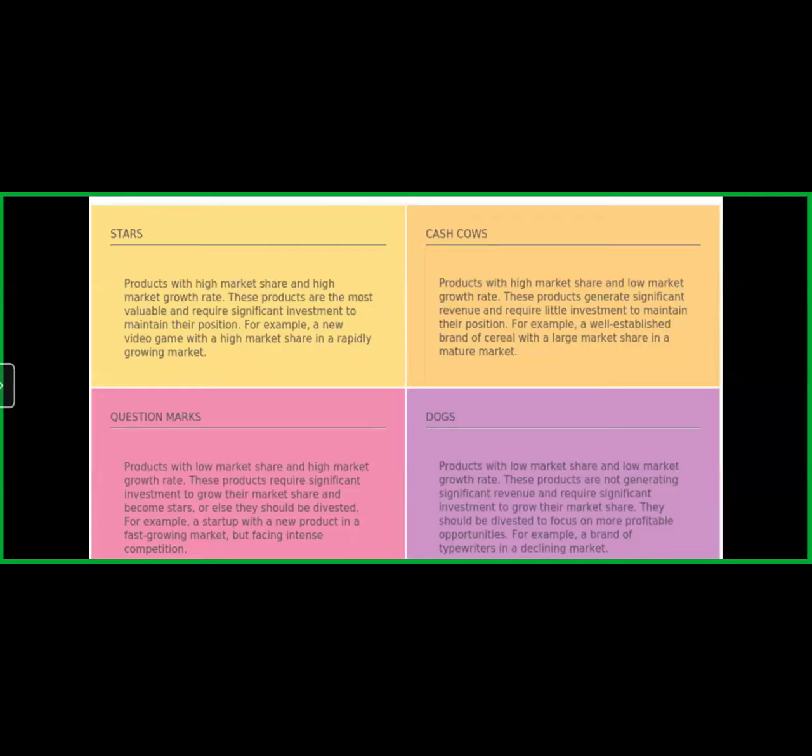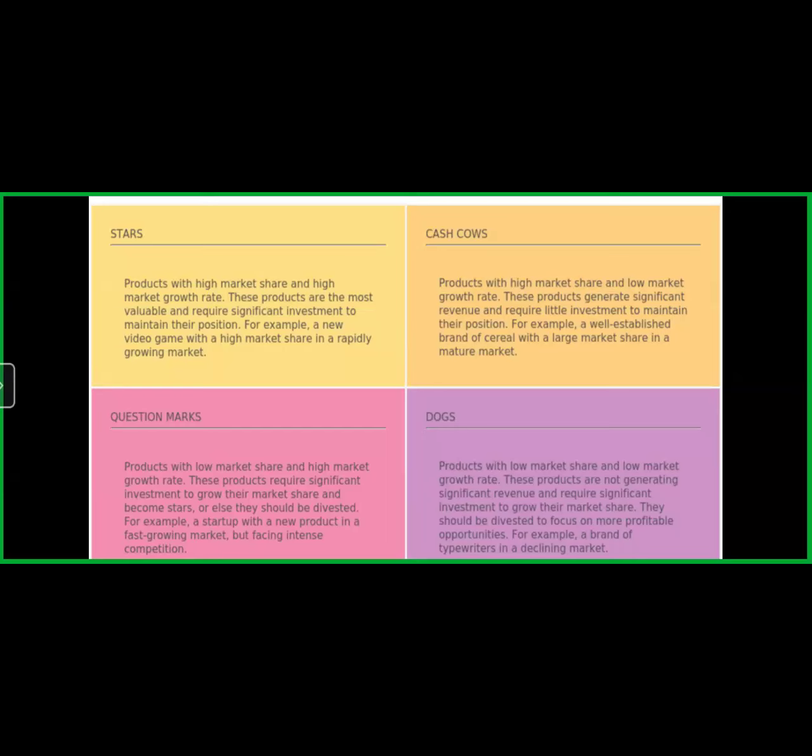Now, the second term we need to understand in star is whether the air conditioner market in general is growing or not, that also we have to check.